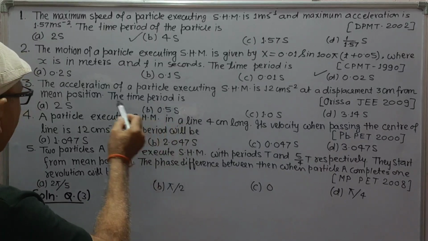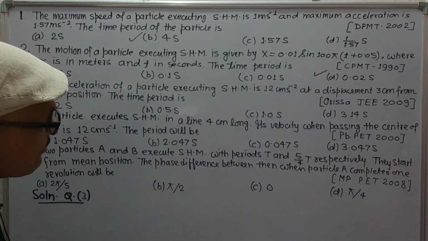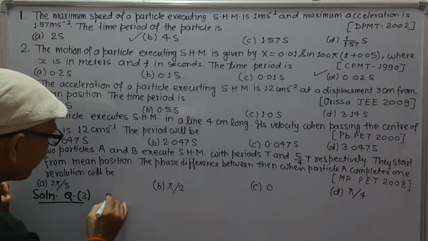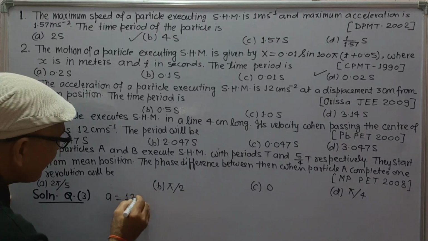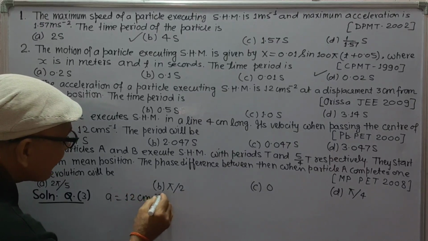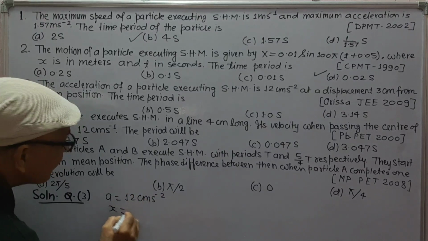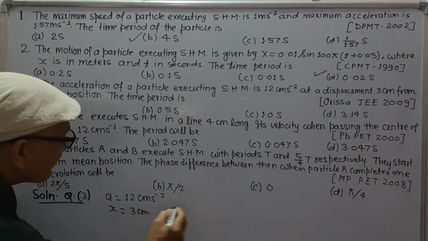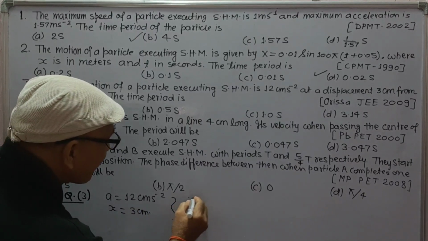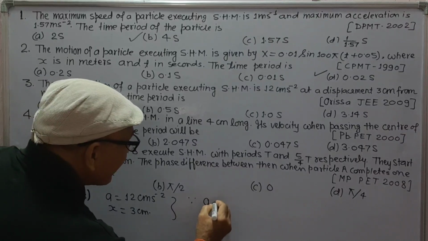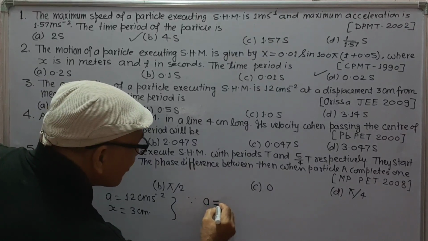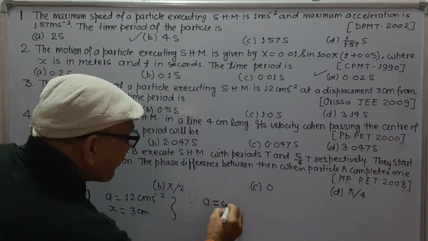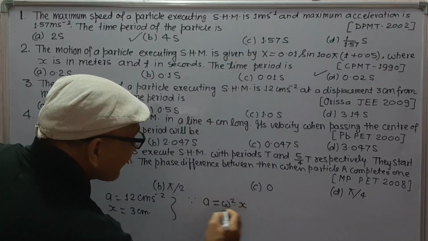Here acceleration a is equal to 12 cm per second square and x is 3 cm because numerically acceleration of simple harmonic motion is omega square into x.